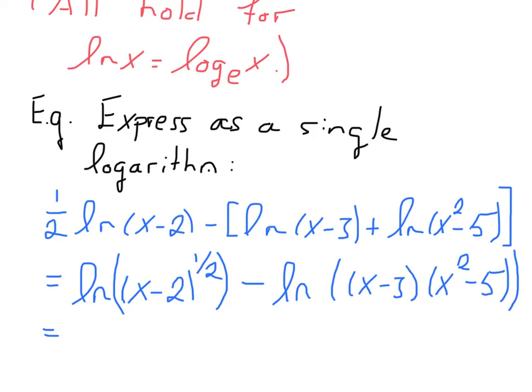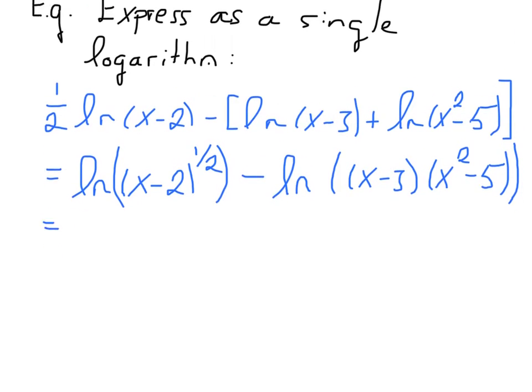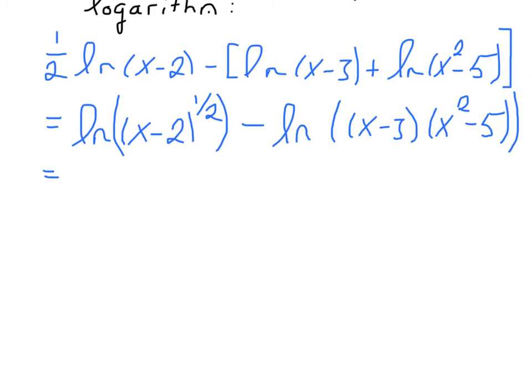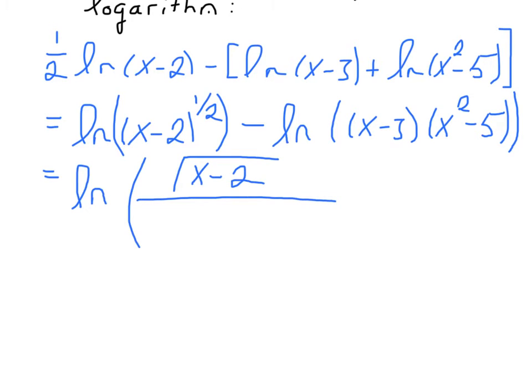All right, so now this is equal to the log of the square root, writing that power 1/2 as a square root, of x minus 2, and the difference of logs we write as the log of the quotient.